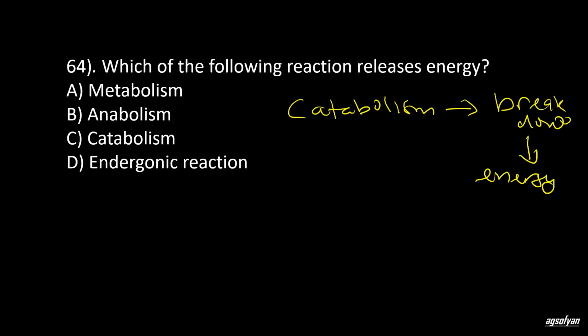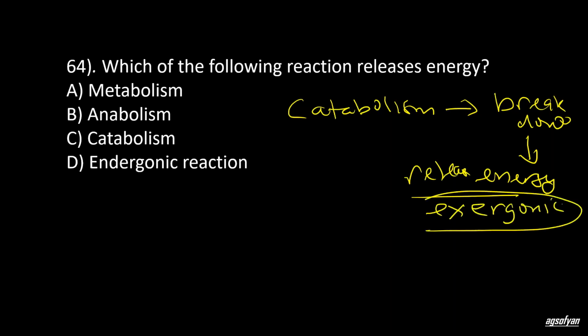When the reaction releases energy, it's called exergonic. So it should be a breakdown reaction, which is catabolism. That should be the answer. Anabolism will be the opposite, which requires energy.